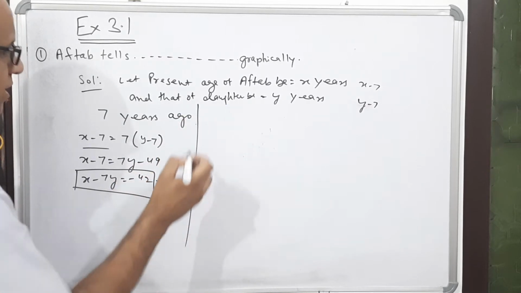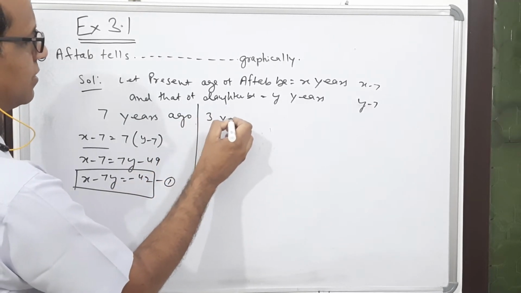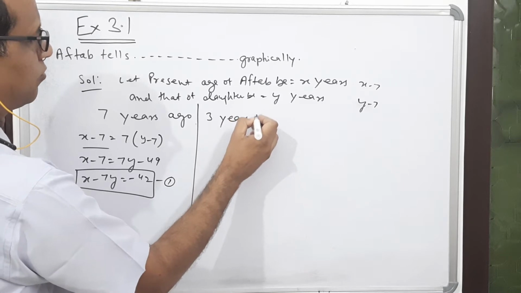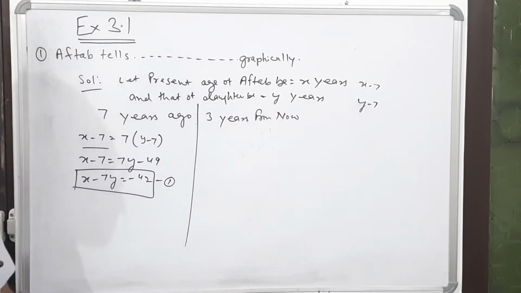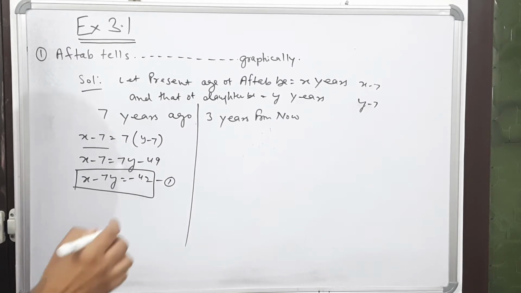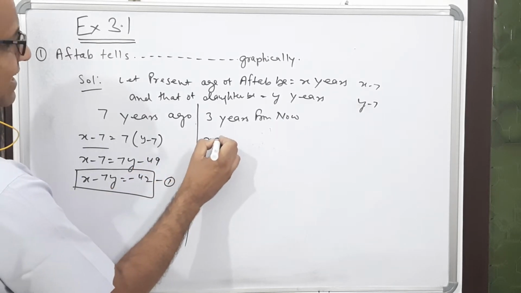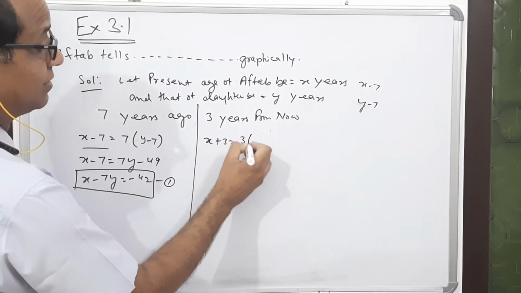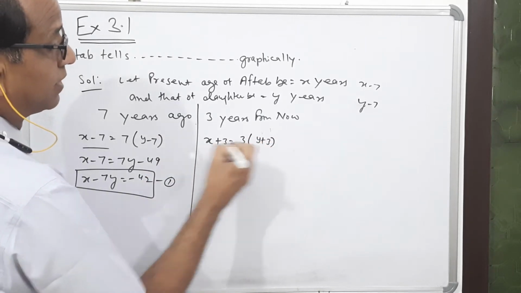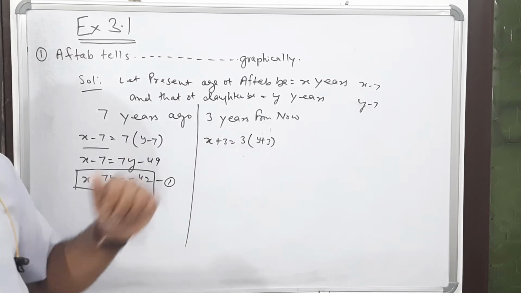Now the second linear equation is 3 years from now. This is the second part. 3 years from now, what will be the story? The story is x plus 3 and this will be 3 times y plus 3. Now why is it 3 times?